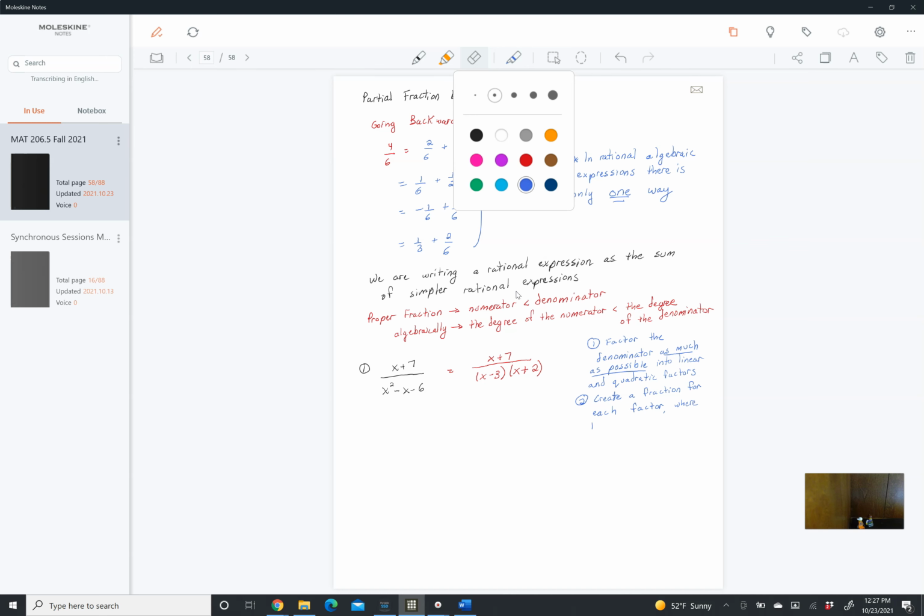So where the denominator is the factor and the numerator is either a constant, we'll call it A for now, if the factor is linear, or in the form ax plus b if the factor is quadratic.